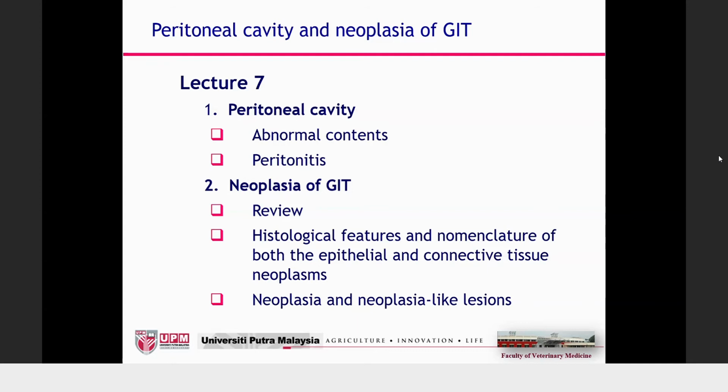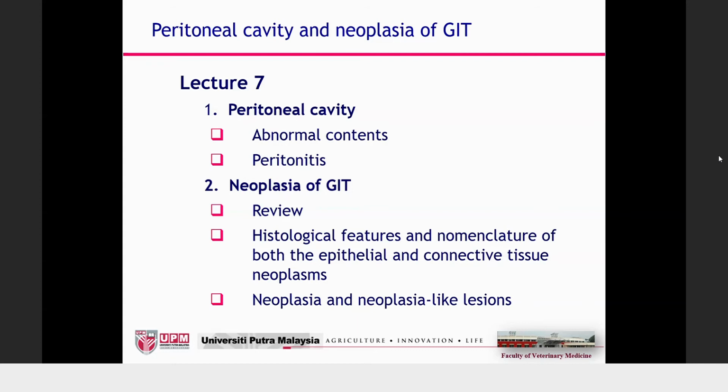For example, if an animal has an infection directly in the abdominal cavity, there will be lesions there, and that leads to disturbances of the GIT organs. And like other organs, you remember in the intestine we have enteritis, in the oral cavity stomatitis, and in the stomach gastritis.